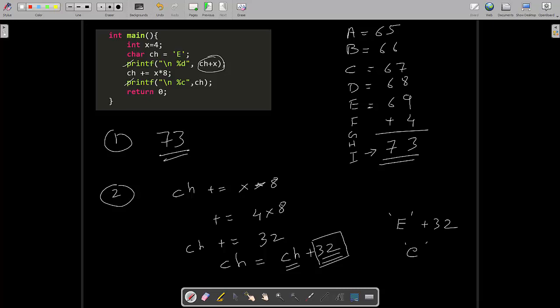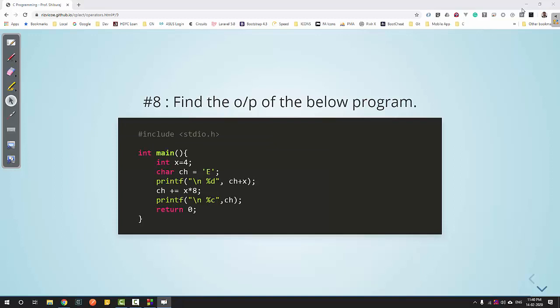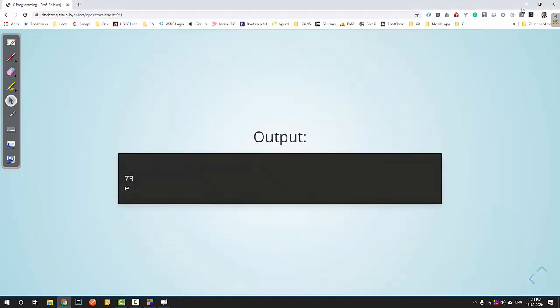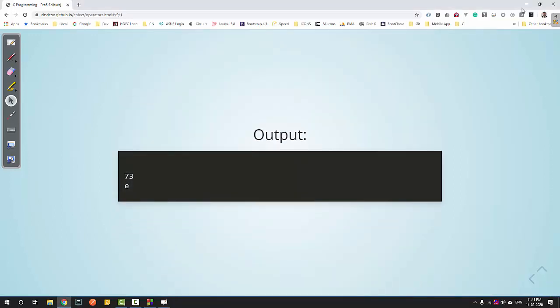So in the first printf we are going to see 73, in the second printf we are going to see e. Let us check if we have got the correct result. Yes, perfect.